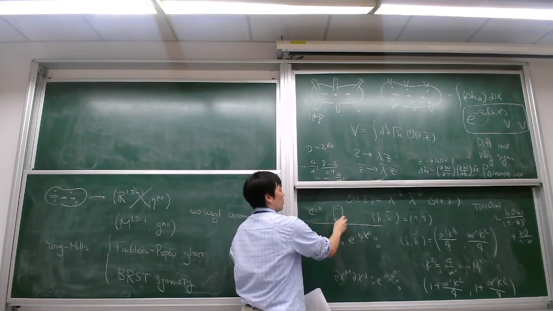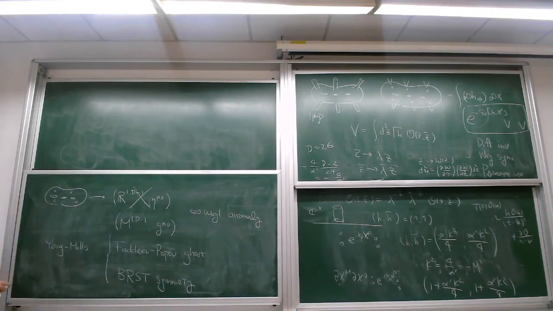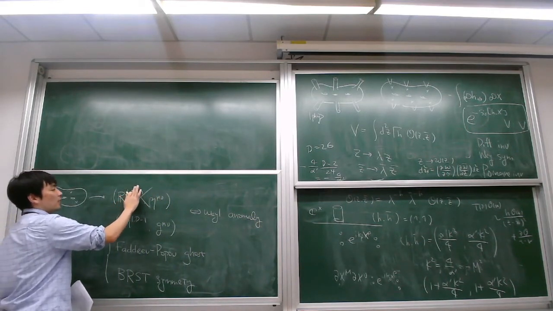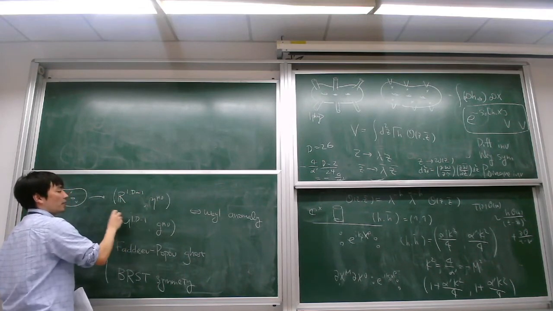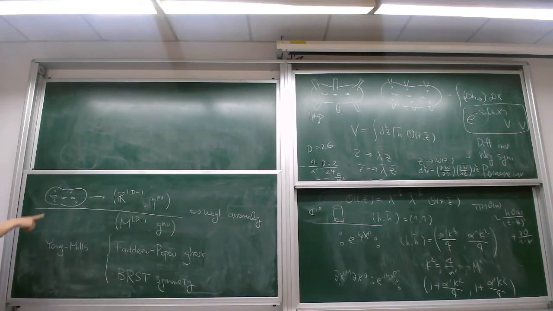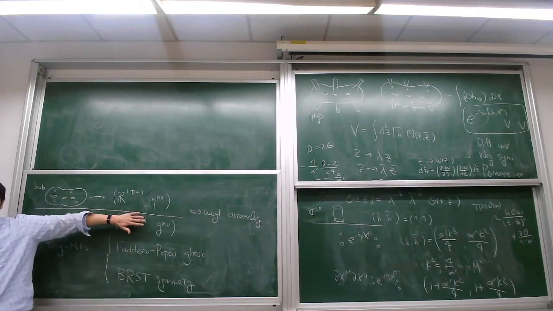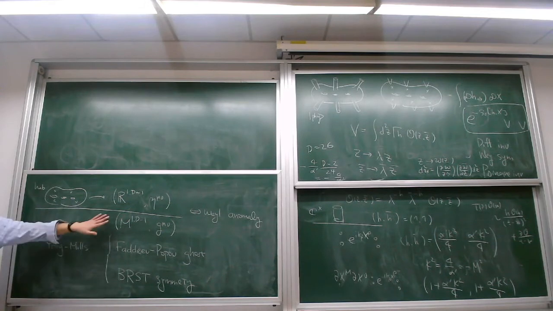What if, keeping the target as it is, a free theory on Minkowski space, we consider a general Riemann surface and a general metric h_ab?